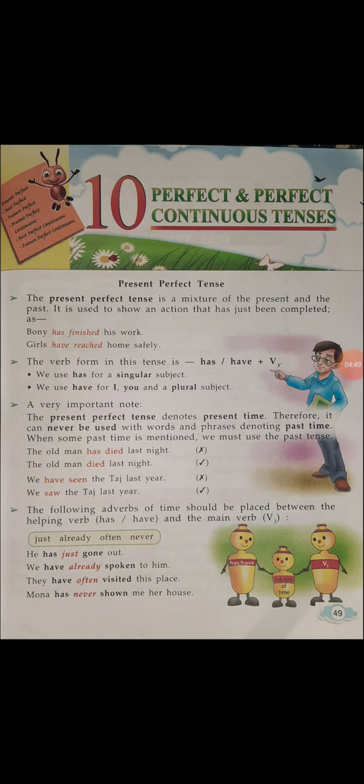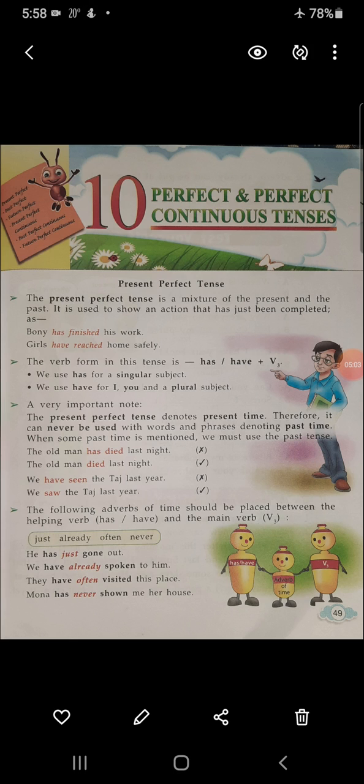Simply write your sentence in the past tense. For example, 'The old man has died last night.' You have already used died, D-I-E-D, which is past tense. So this sentence is wrong. You cannot use has. Your sentence should be: The old man died last night.